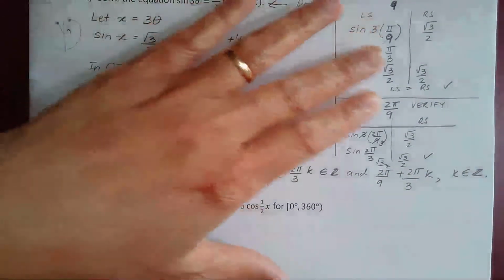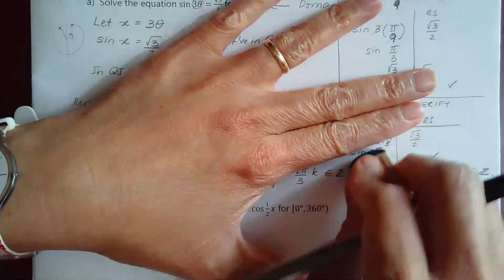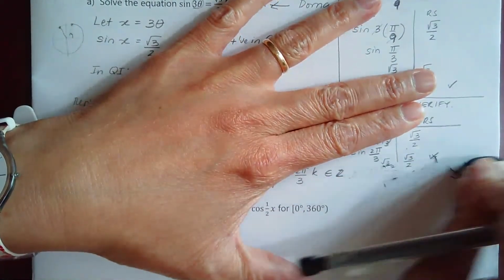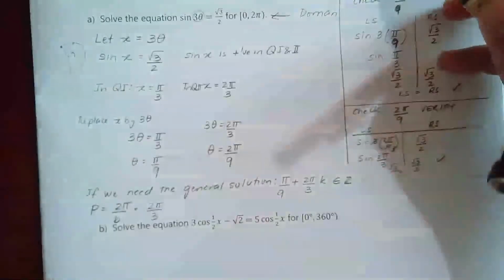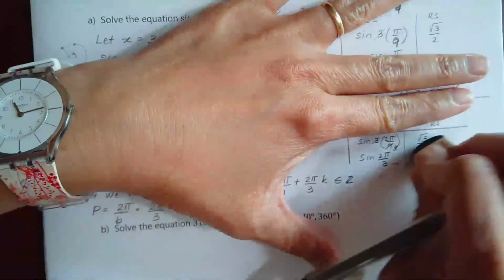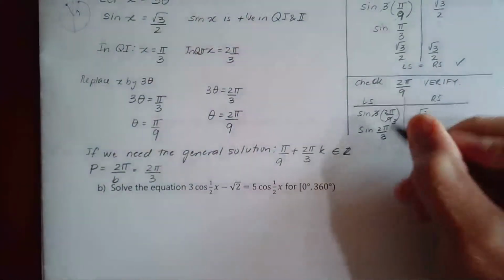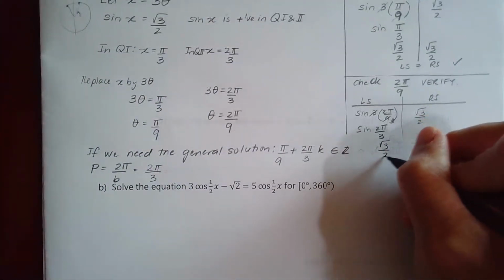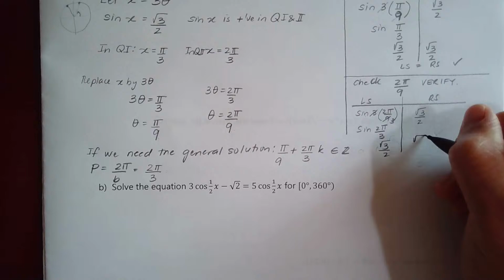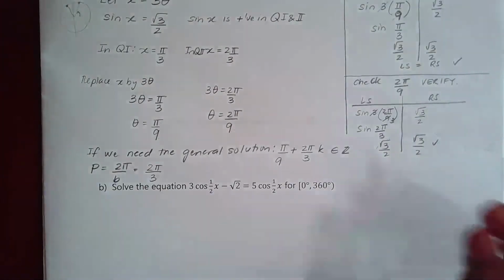I'm just going to move this over because it's getting really squished in here. I just want to make sure that whoever is reading this is able to read it.